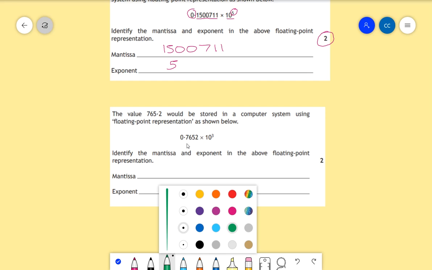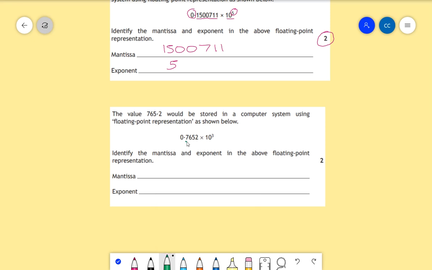What we know so far is the mantissa is the number with the decimal point removed. So this is the number with the decimal point removed. So the mantissa is 7652. And the exponent is the power. And in this instance, the exponent is 3.